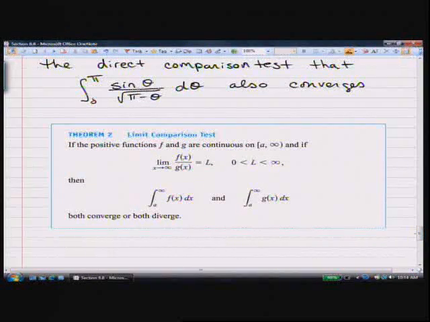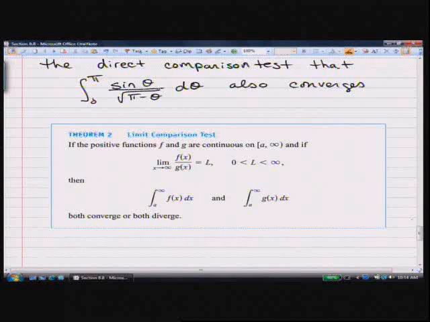It says, if the positive functions f and g are continuous on an interval from a to infinity, closed on the a, and if you look at the limit as x goes to infinity of f of x over g of x, and you get a constant, some number L, then we can say that either both of those integrals converge or both diverge. So if you can find an integral that either converges or diverges and then do a limit comparison to the integral that you're unsure of and you get a finite value, then you can say that that one also must converge or diverge.